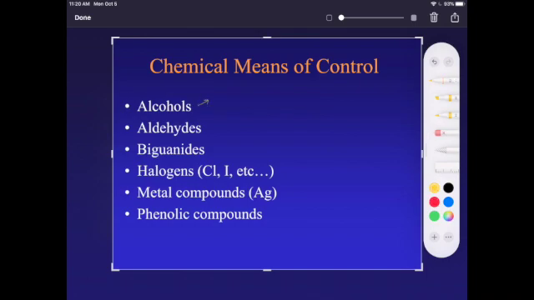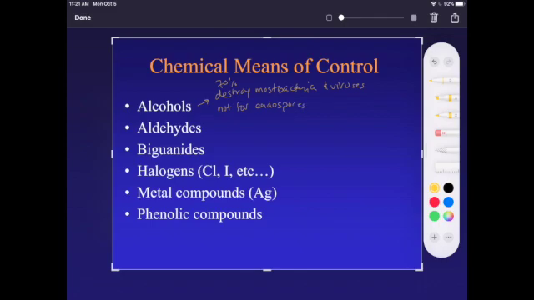Okay, so let's go with 70%. It will destroy most bacteria and viruses. It doesn't work against endospores.